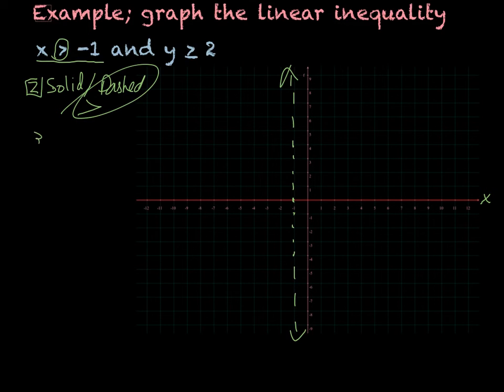Then step 3, I need to figure out shading. So I'm picking this point, and is this point 0, 0? So is 0 greater than -1? Yes, that is true. So I'm going to shade on this side of the line.